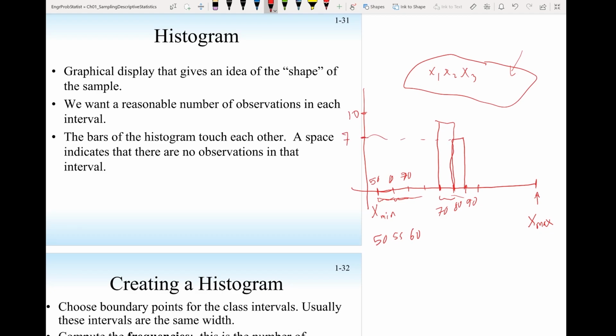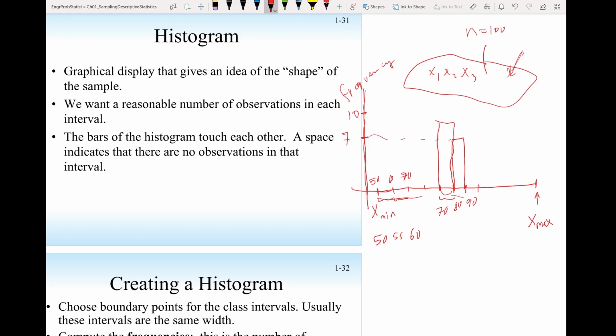If I draw in this vertical axis the number of data points in the sample that have this value, then this will be frequency. If I draw percentage, let's assume n here, there are 100 data points, and students between 70 and 80, there are 10 of them.